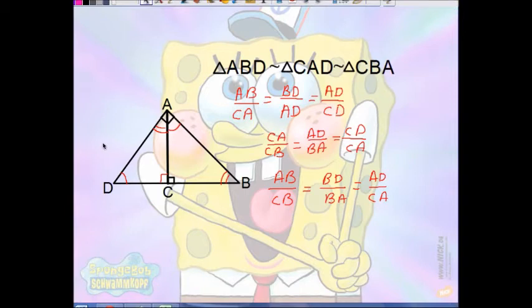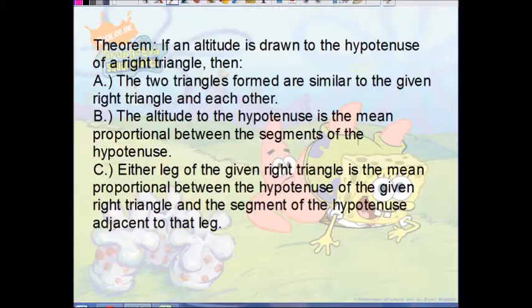Now I know it looks like we went back to that last slide, and we kind of did, but I want to show you how those pieces are actually linking up. So, that part A is that all those triangles are going to be similar. Now for part B, let's reread that. Part B says the altitude to the hypotenuse is the mean proportional between the segments of the hypotenuse. So here's what that one linked together.